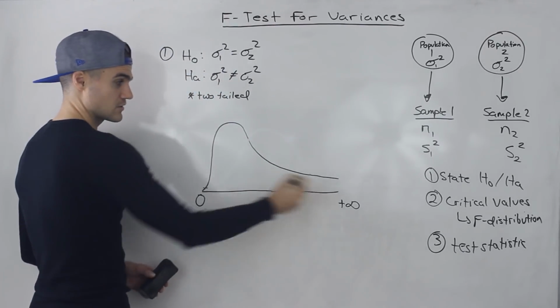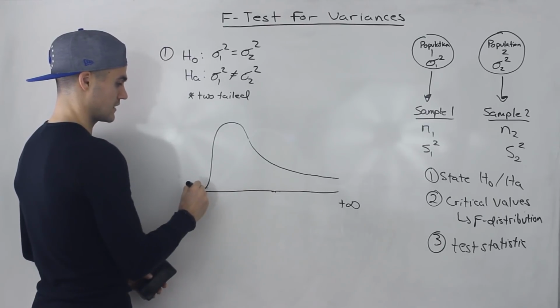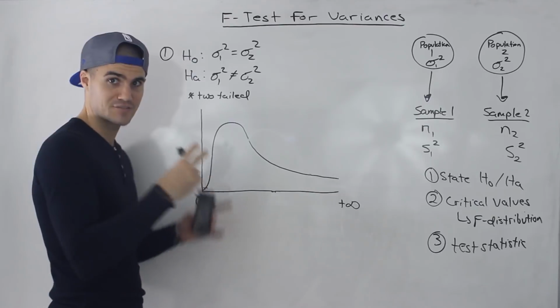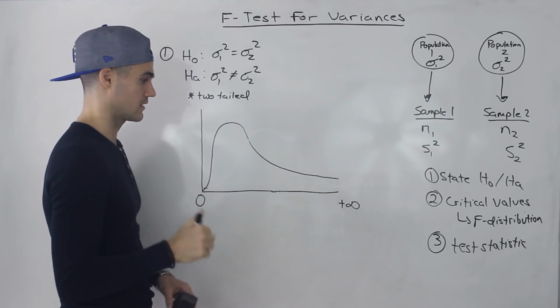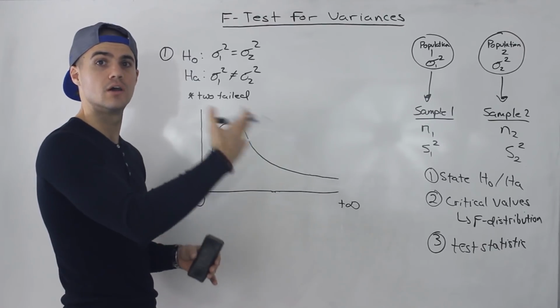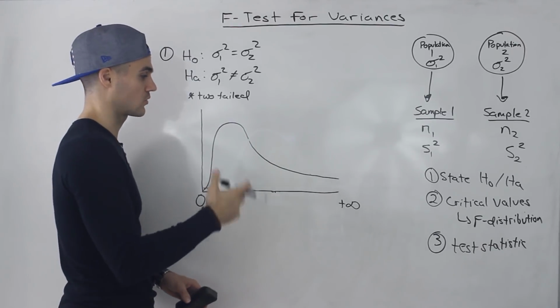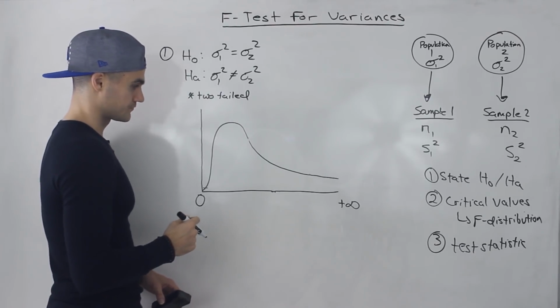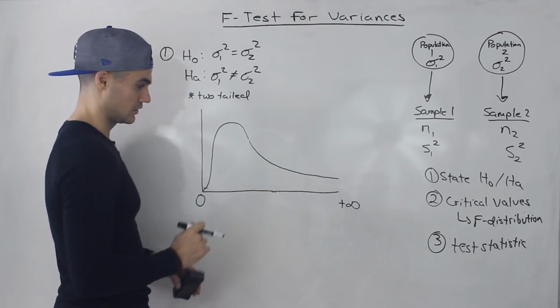So it starts at 0 and then it goes to positive infinity. Right? So there's not going to be any negative F scores, quote unquote, if you want to look at it like that. Versus with the Z distribution and the T distribution, we were able to have negative Z scores or negative T scores. So that's how the F distribution looks.